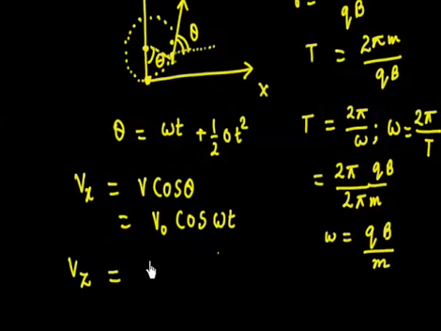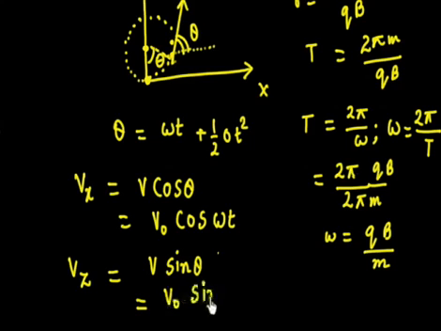You see this is sine theta, so Vz is v sine theta, and theta is omega t. v is v naught, it remains constant in circular motion, so Vz is v naught sine omega t.